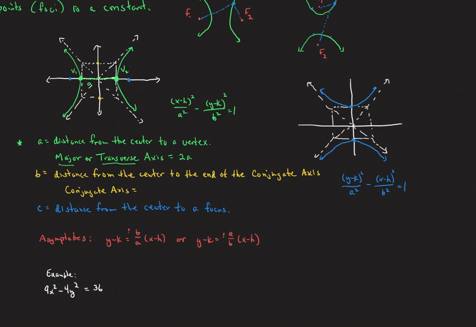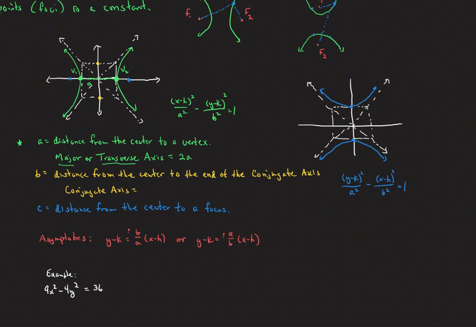The distance from the center to, now these yellow points here are not really points on the curve, and we'll show you in a moment where they come from and what their significance is. But these are kind of the equivalent of what we would have said was the endpoints of the minor axis. But what we're going to call them here in the case of a hyperbola is the endpoints of the conjugate axis.